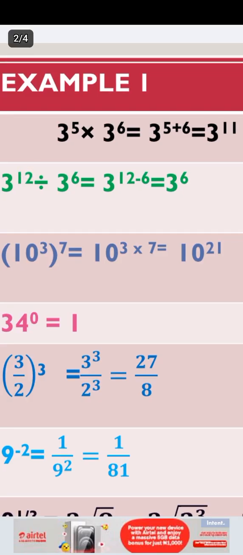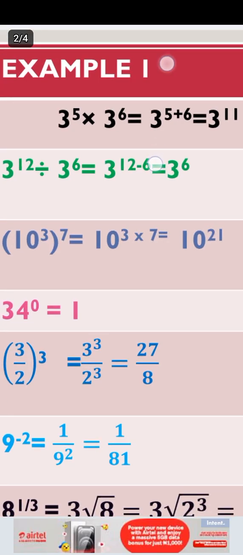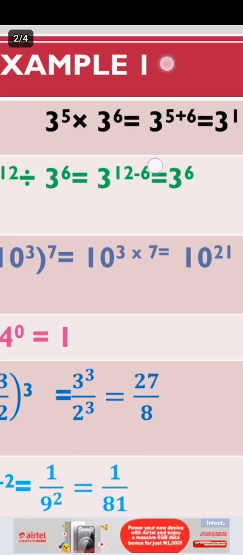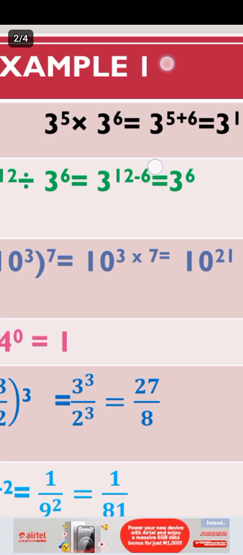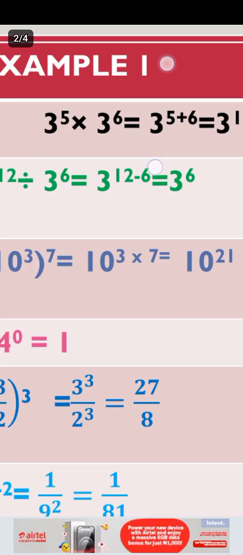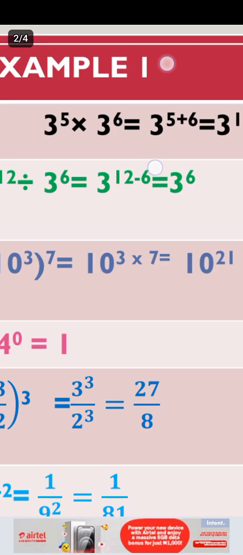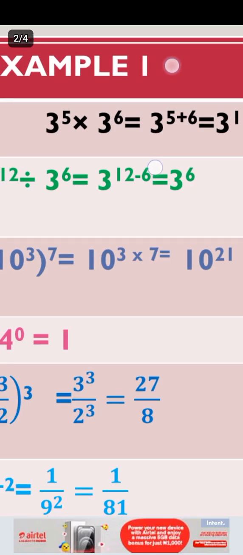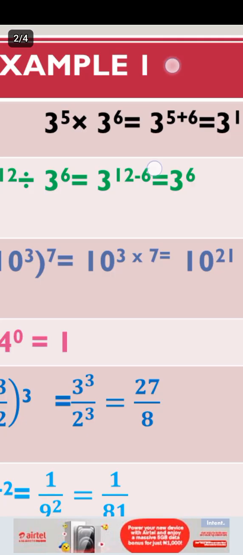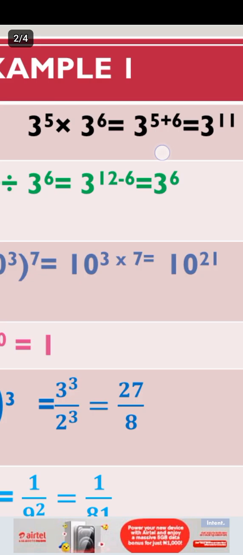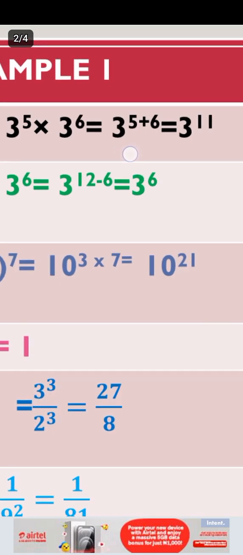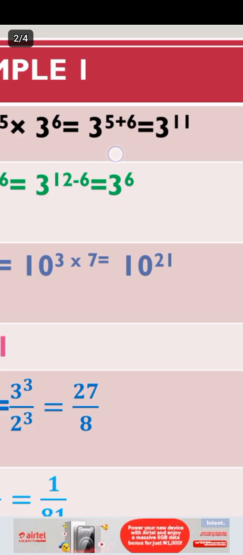Example 1 is 3 raised to power 5 times 3 raised to power 6. This is an example of indices of the same base. The base there is 3 and the powers are 5 and 6. The law of multiplication says that what we need to do here is to add the powers, so it becomes 3, which is the base, then 5 plus 6, which eventually becomes 3 raised to power 11.